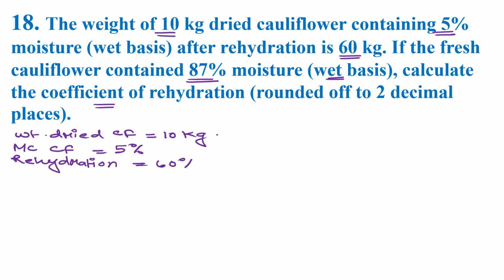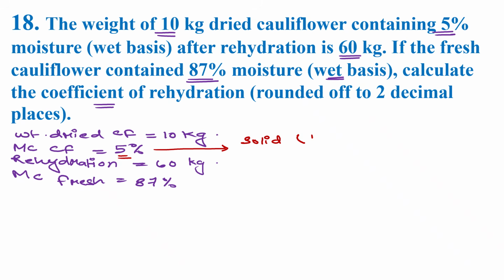And moisture content of the fresh cauliflower is 87%. Now, since we know the moisture content of the dried cauliflower, we can say if it's 5%, so solid percent will be how much? It will be 100 minus 5, which is 95%.